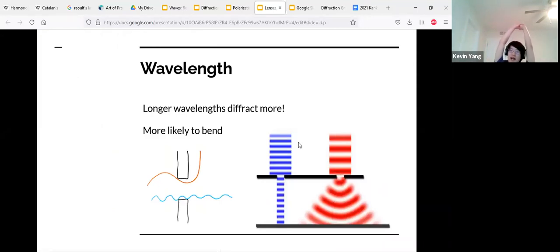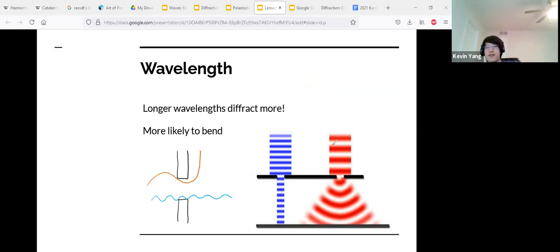And I said before that the size of the slits impacts how much diffraction occurs, but the wavelength will also impact how much diffraction occurs. You may remember from the first week's class, when we were going through the electromagnetic spectrum, I said that red has long wavelengths and blue has shorter wavelengths.